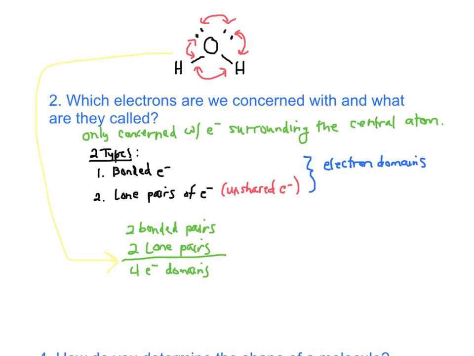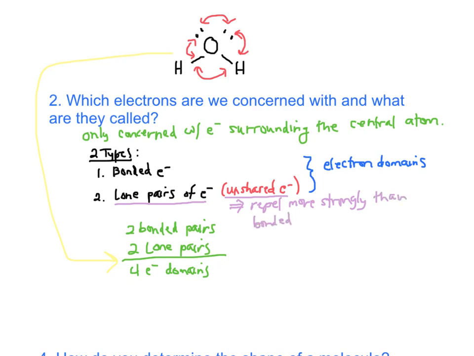At this point, I would like to note that lone pairs of electrons, the ones that are not bonded or unshared, these ones tend to have more repulsive force, so they repel more strongly than a bonded pair.